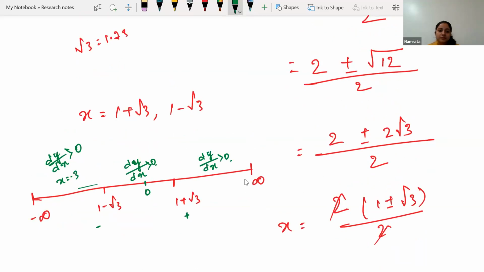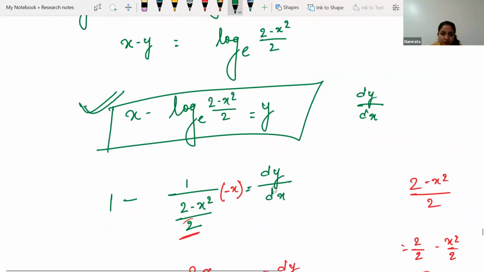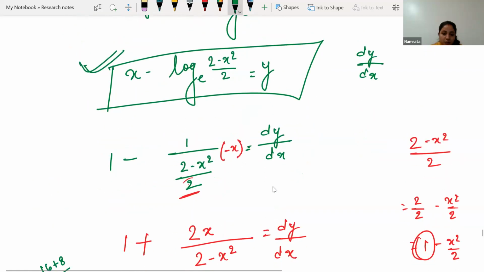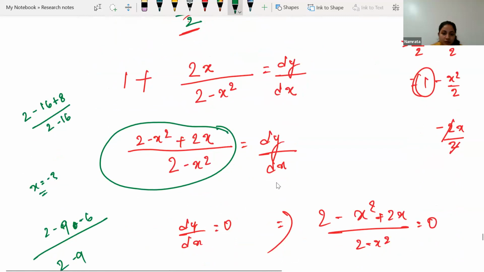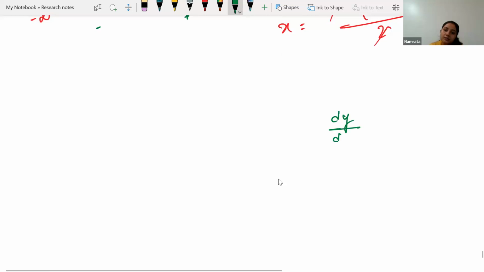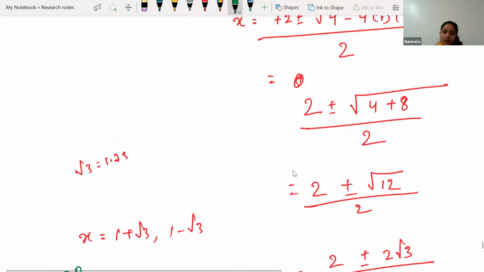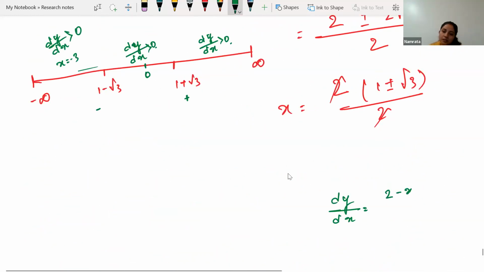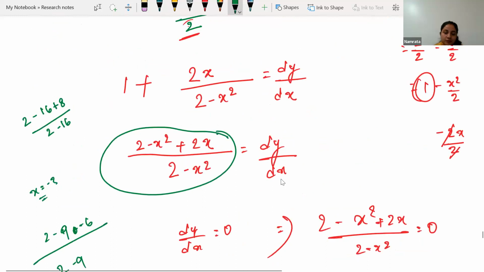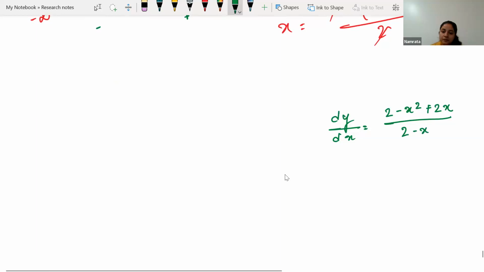Just a moment. Are we doing any mistake? We have to check. dy by dx is equal to, we have got 2 minus x square plus 2x over 2 minus x square. This is what we are having.